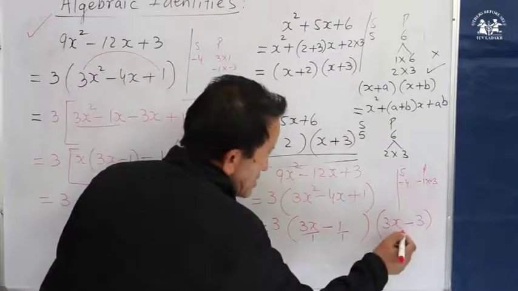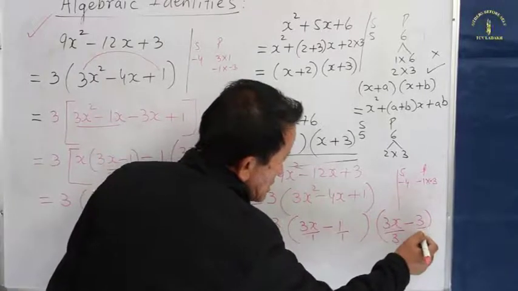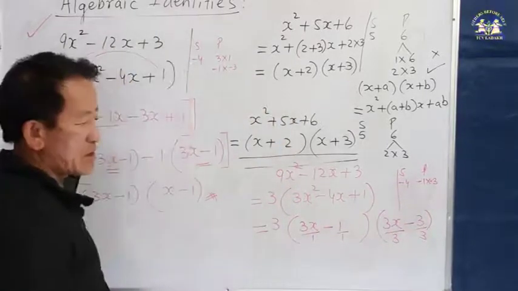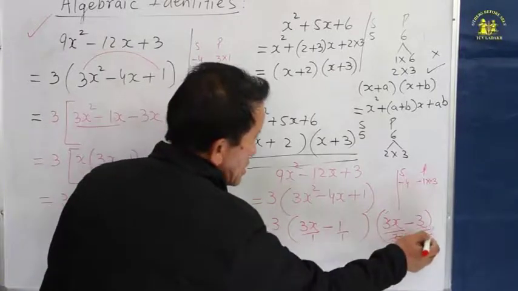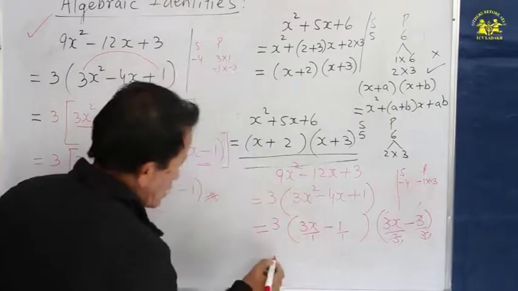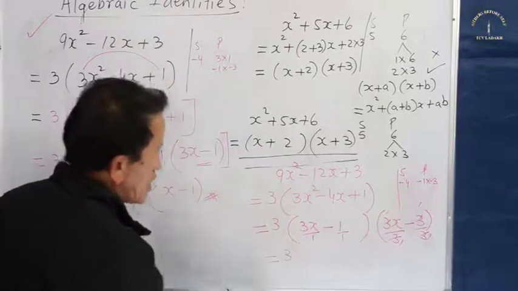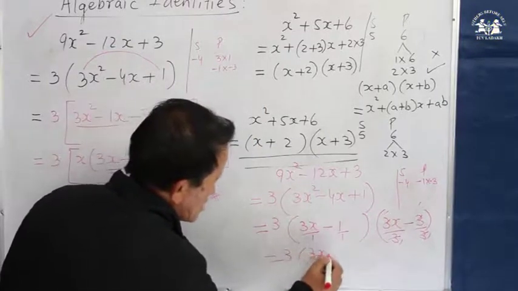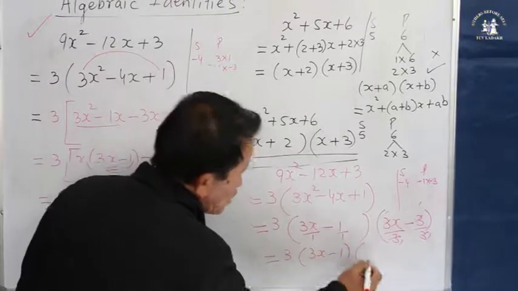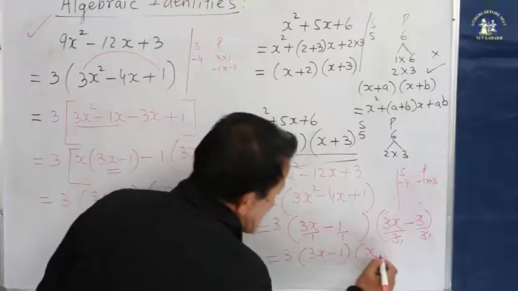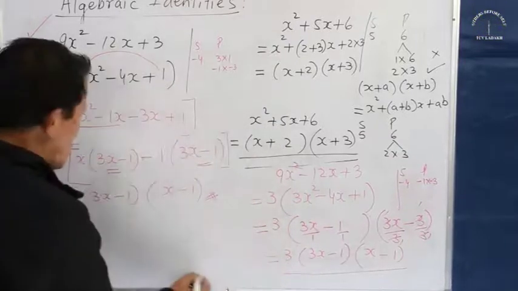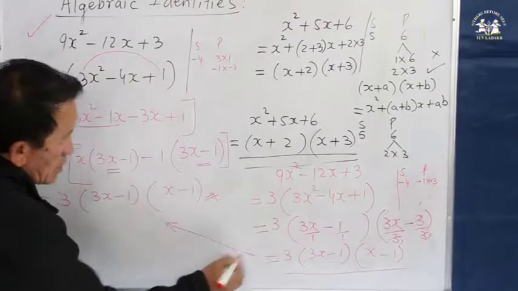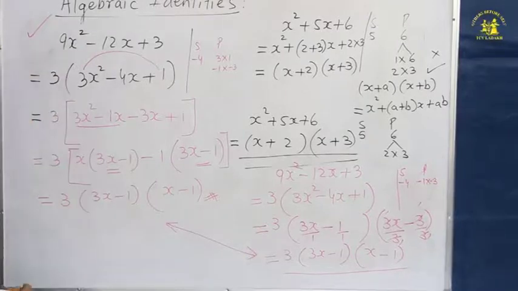And in this case, the GCD or the common factor is 3. So 3 ones are 3, 3 ones are 3. So this will be equal to 3 into 3x minus 1 into x minus 1. So this is the factorization, and we are getting the same result.